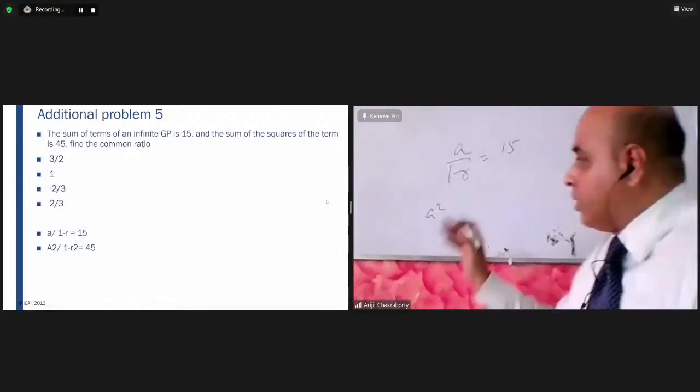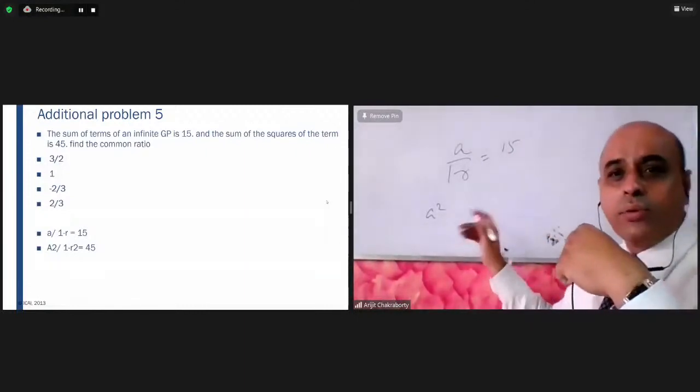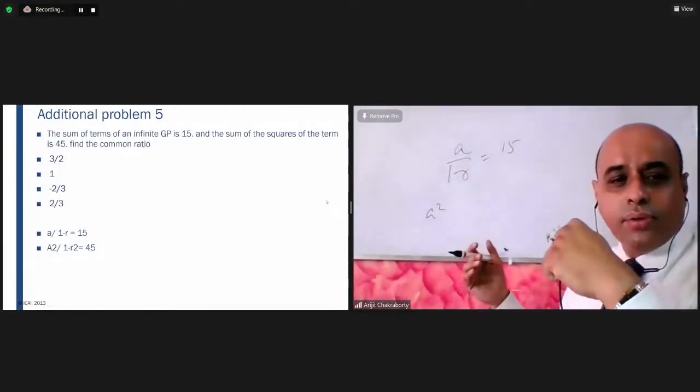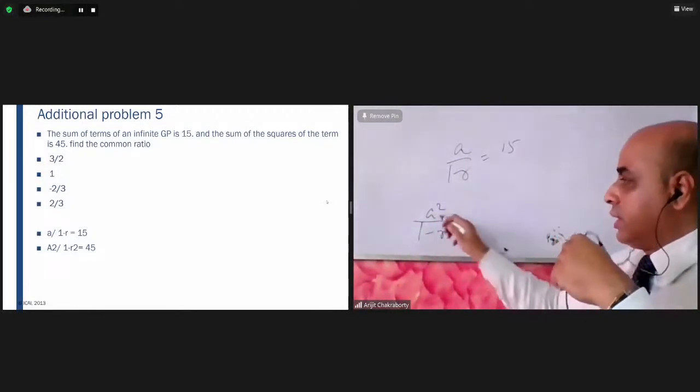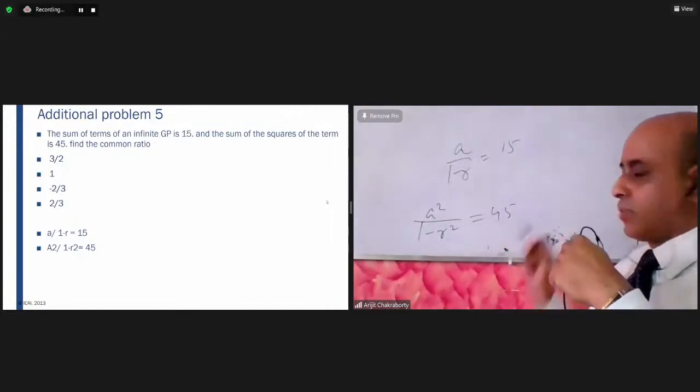And the second will become A square divided by 1 minus R square becomes 45.